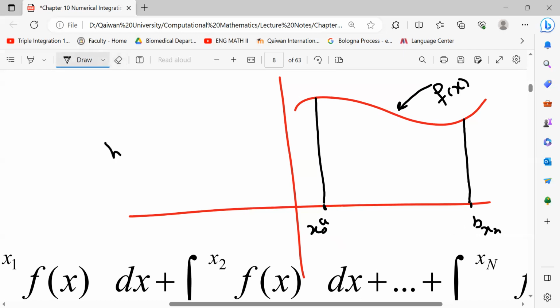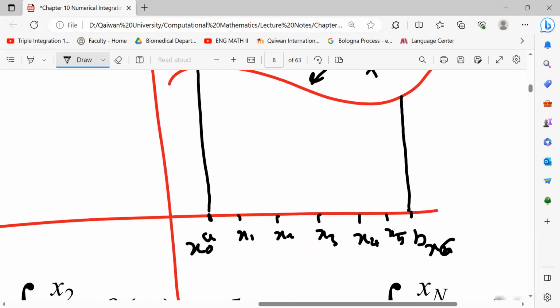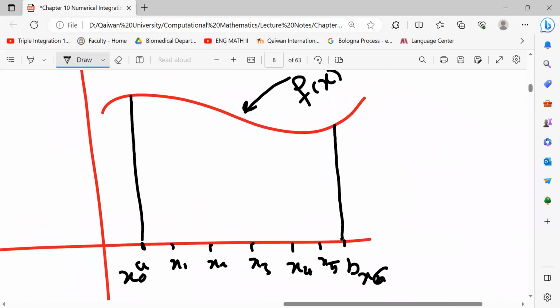Let's say this is x1, this x2, this x3, this x4, x5, and then this is x6. If we want to make this into 6 subintervals, from x0 we count h, and so on until we get the upper limit of our integration.